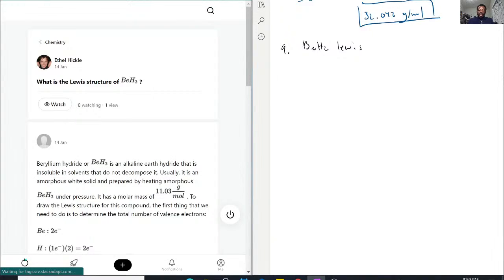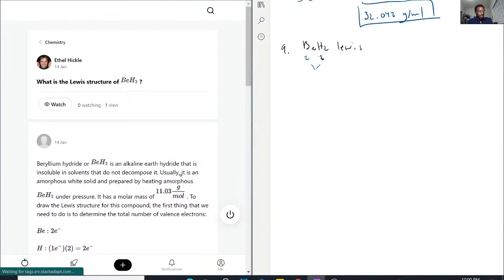Okay, so let's first find out how many electrons each contributes. Beryllium being in the second column would only be 2, and hydrogen being in the first column would only be 1, but because there's 2 of them, that would now be 2. So that's 2 plus 2, and that's how we have 4 for this question right here.